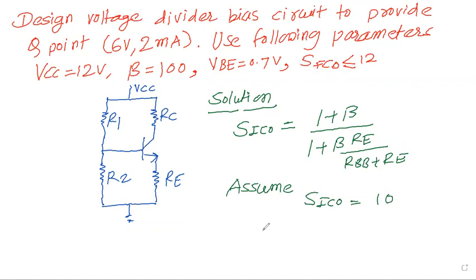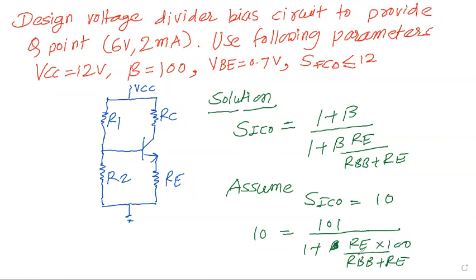If it is equal to 10, then beta is already known to you, that is 100. This becomes 101. And this is beta into RE divided by RB plus RE. So beta is 100, right? So if I remove this, this will be 100. This factor is very, very high as compared to 1, so I can simplify that.